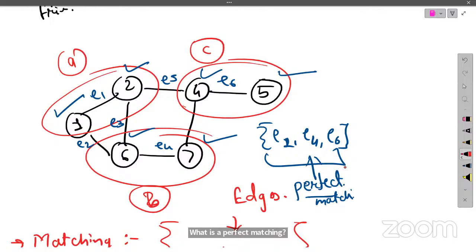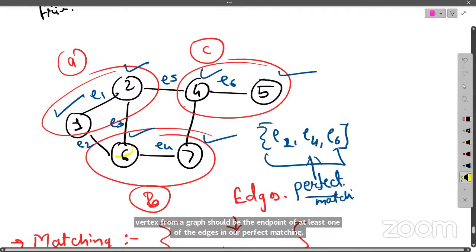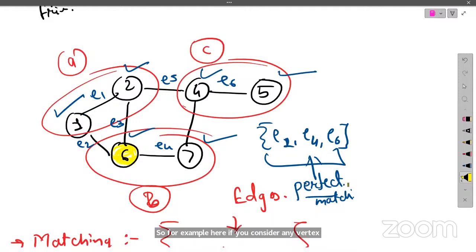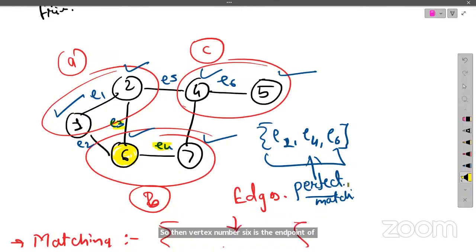Just to repeat again, in perfect matching, what we want is that every vertex of the graph should be the endpoint of at least one of the edges in our perfect matching. For example, consider vertex number 6. Vertex 6 is the endpoint of edges E4, E3, and E2.